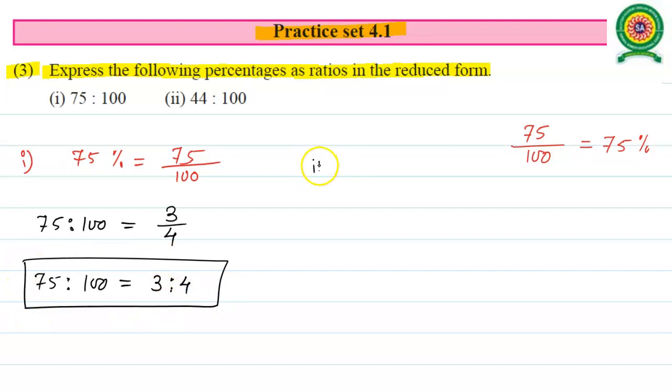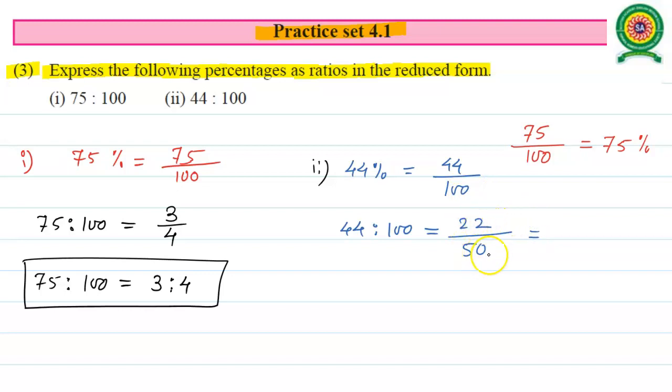Now look at the second sub question, which is 44%, meaning 44:100, which is 44 divided by 100. Both numerator and denominator are divisible by 2. 2 twos are 4, 2 twos are 4, that means 22 twos are 44, and 2 fives are 10, so 50 twos are 100.